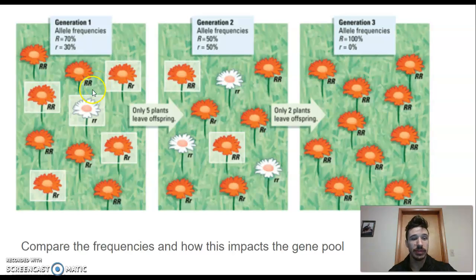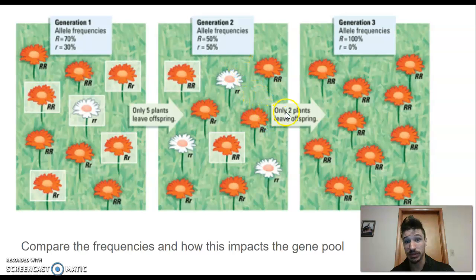Okay, so this is basically just comparing allele frequencies over time, over generations. So we have generation 1, 2, and 3. If we look at the allele frequencies, 70% have big R, 30% have little r. Then in the second generation, where only 5 plants leave offspring, now it's 50-50 in allele frequency, dominant and recessive Rs.